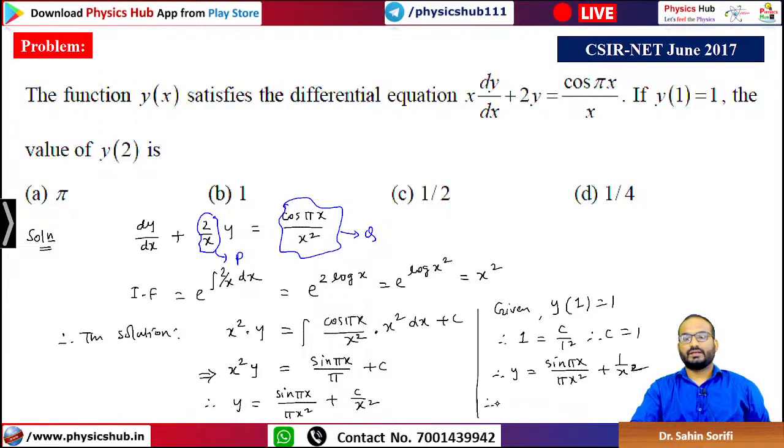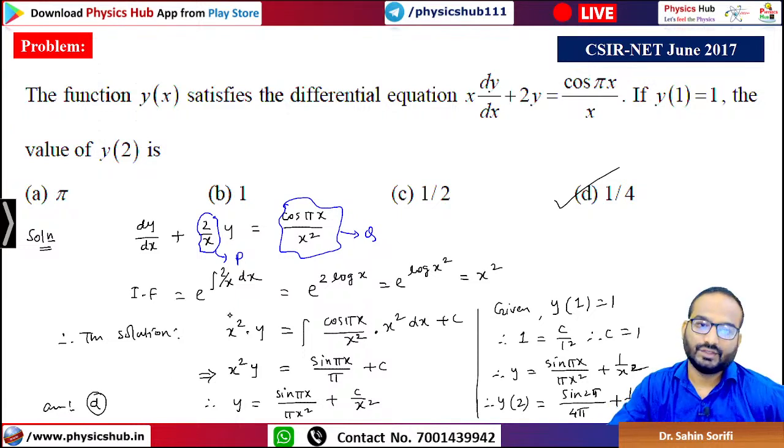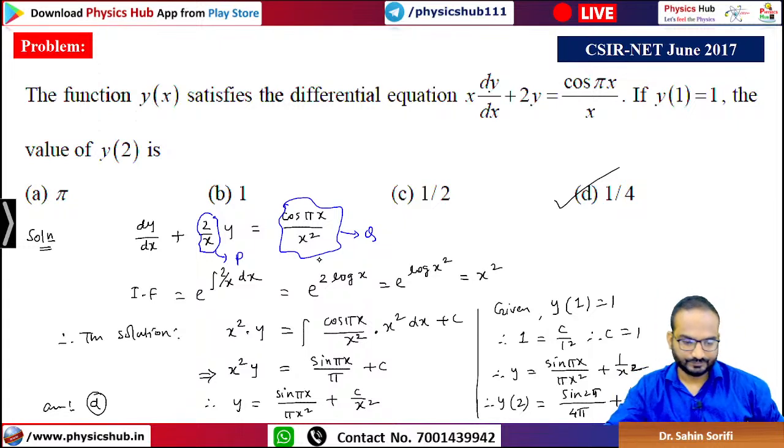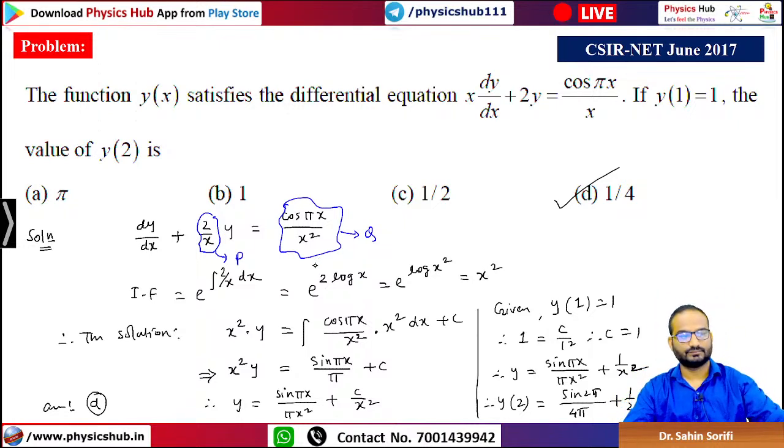That gives you y at x equals 2 equals sin 2 pi divided by 4 pi plus 1 by 2 square, so 1 by 4. That is matching with option D. Is it clear? Yes, Deep.